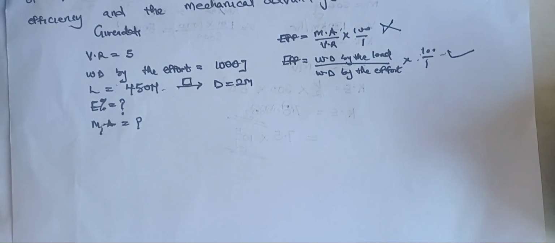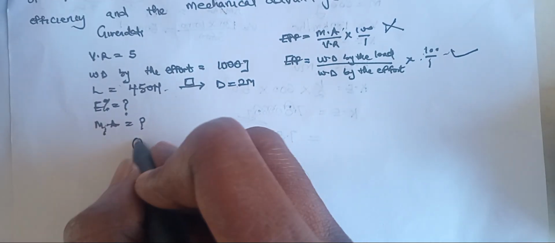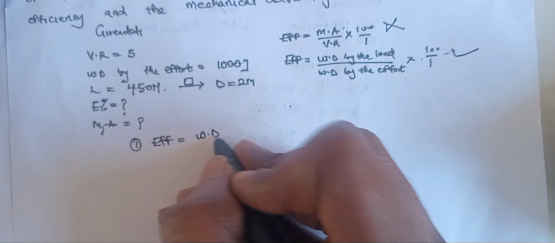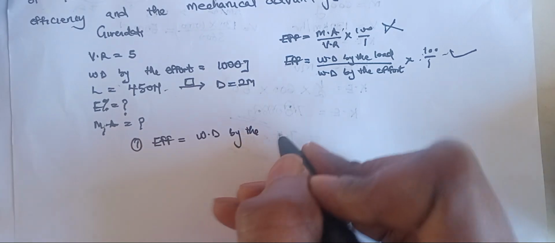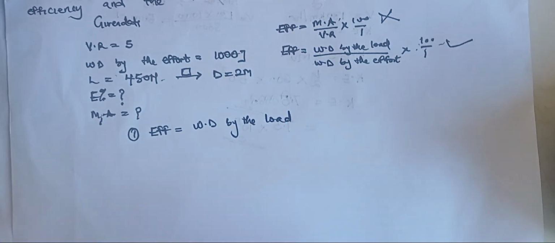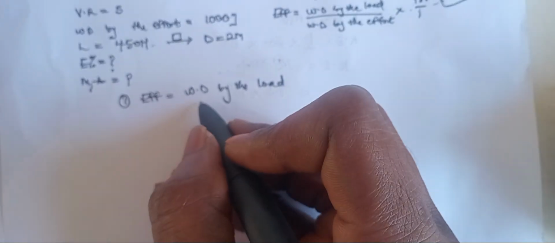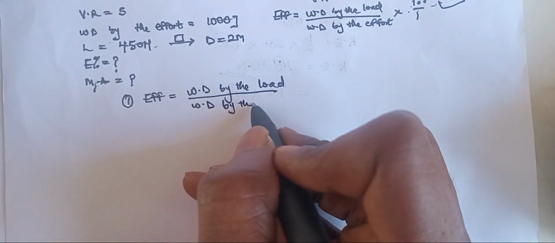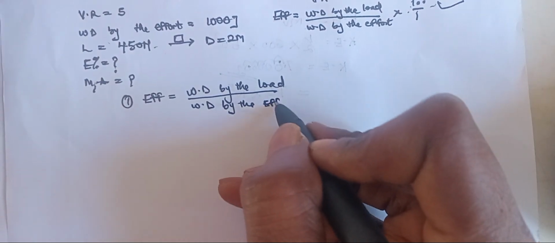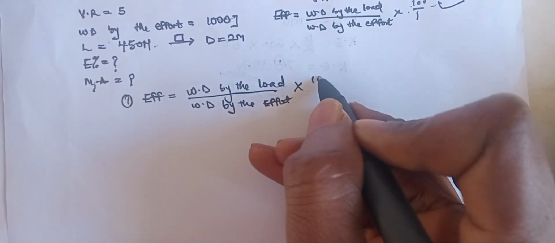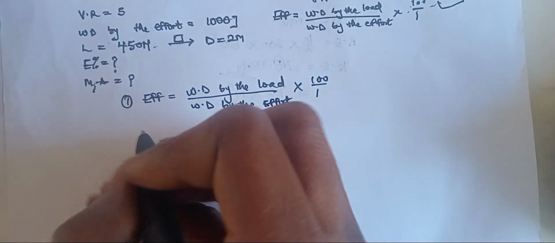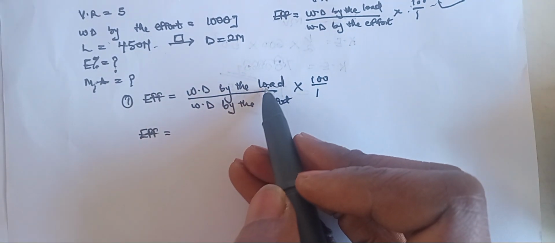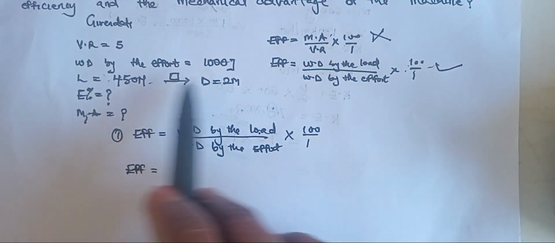So now we have our efficiency for question 1. Efficiency will be equal to work done by the load upon work done by the effort, multiplied by 100 upon 1. We are solving for the efficiency, which is our unknown. Work done by the load we are not given, but we are given the load and the distance moved by the load.